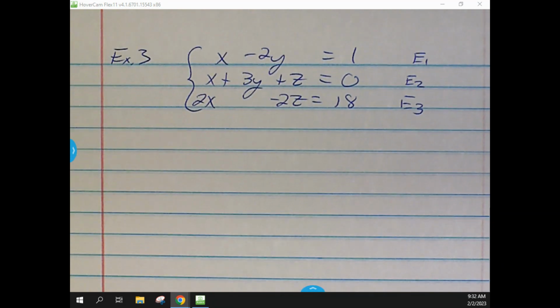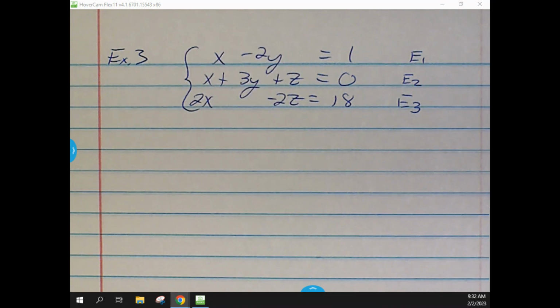Okay, so for one like this, you've got some missing variables. From equation 1, we're missing z. Equation 3, we're missing y. And sometimes that throws people off, but that's actually kind of a good thing because when they do this, they've already eliminated, they've done step 1 for you.